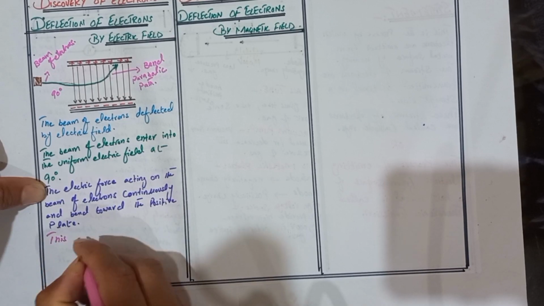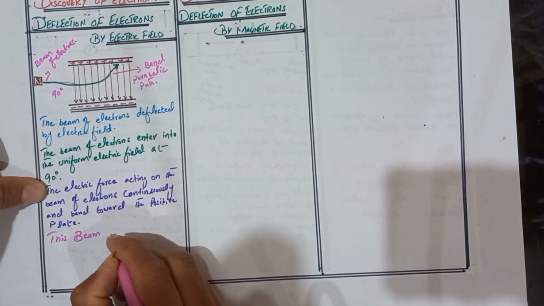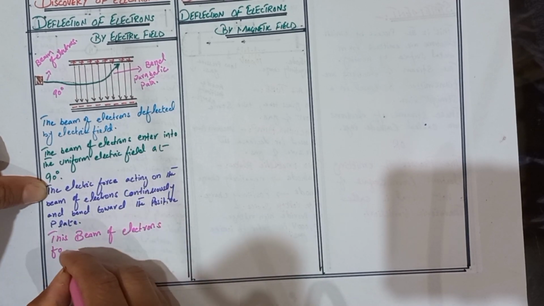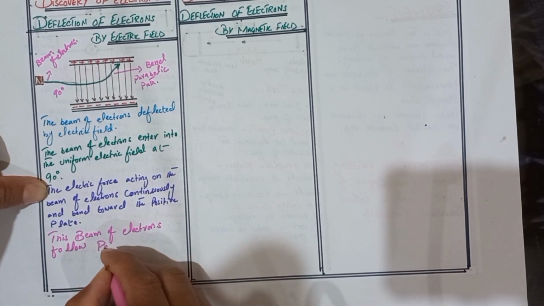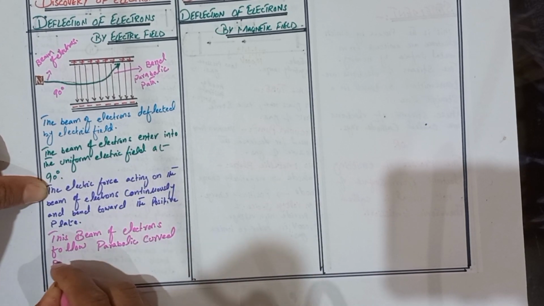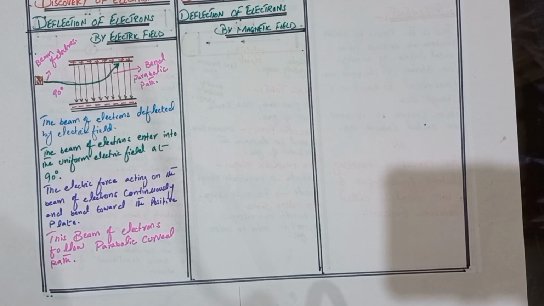This beam of electrons follows a parabolic curved path.